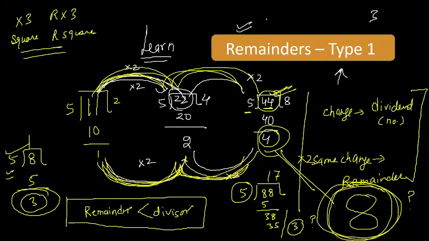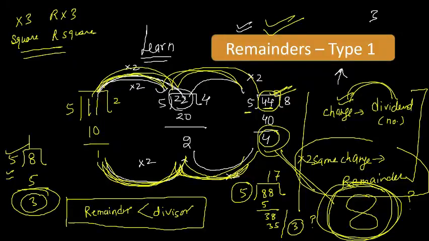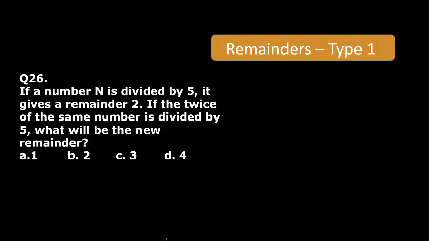I hope you are able to crack this rule that whenever you get changes in your dividend, in your number, you have to apply the same change to the remainder. But you have to remember this: remainder is always less than divisor. I hope you are getting my point, right? Can you try this question? This is the language you will be asked in the question.